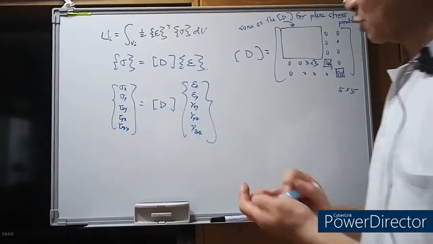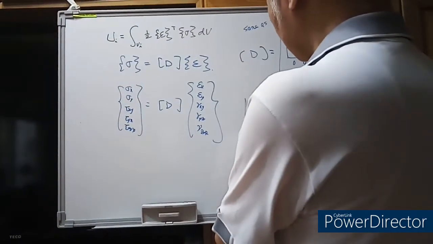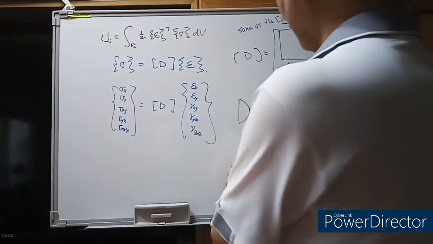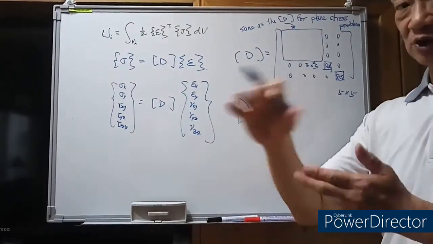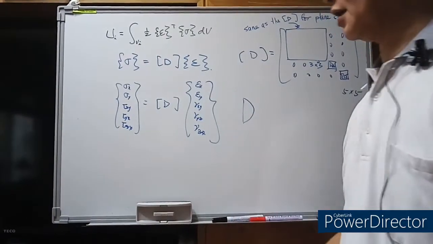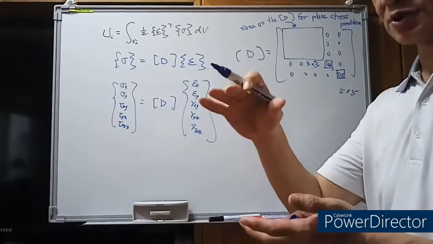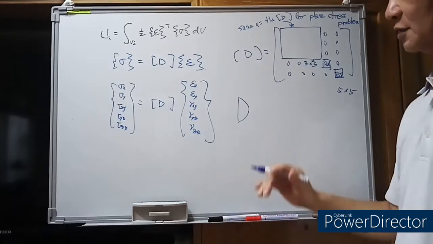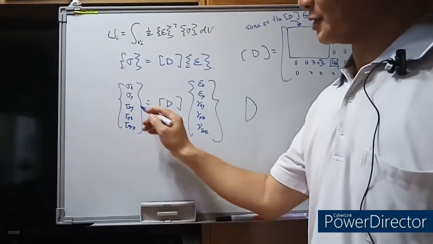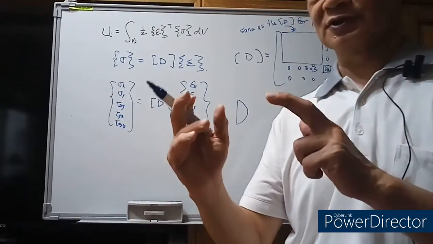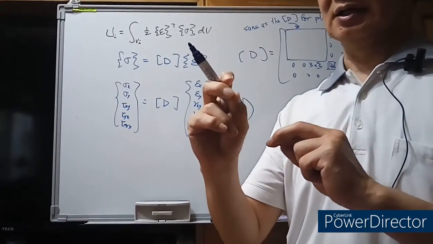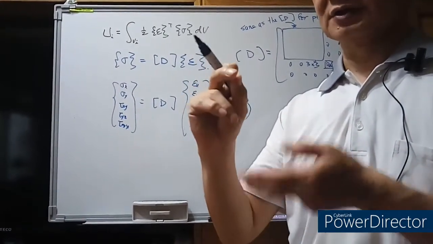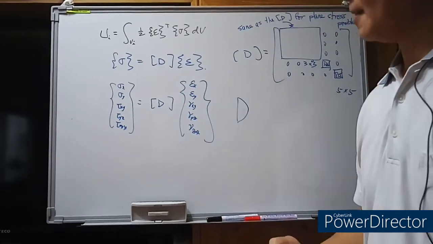Okay, so for the shear strains, since we have the free surface at the top surface and the bottom surface, the tau yz and the tau zx, both terms, are equal to zero at the top face and the bottom face.